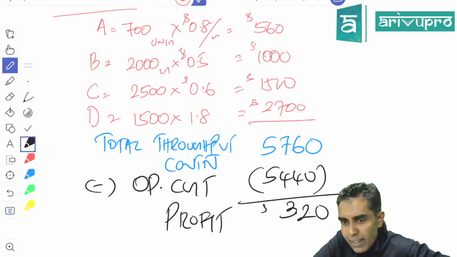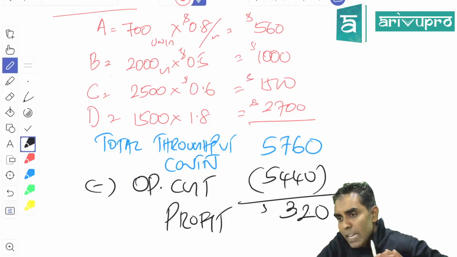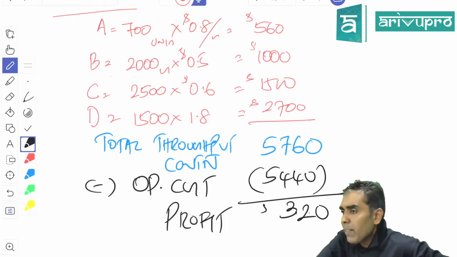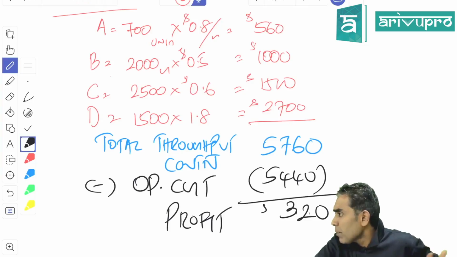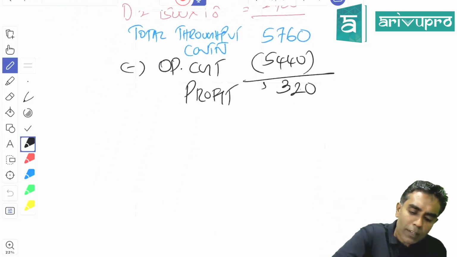Return per factory hour divided by cost per factory hour. Likewise, one by one, each product can be calculated and you can give advice on which product will continue and which product will be discontinued. Or you have another option: you can calculate the TA ratio for the whole company, not for the product.